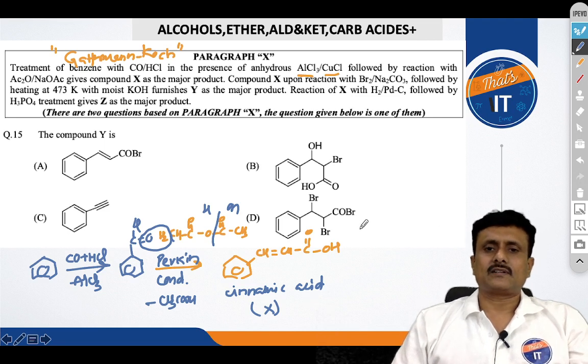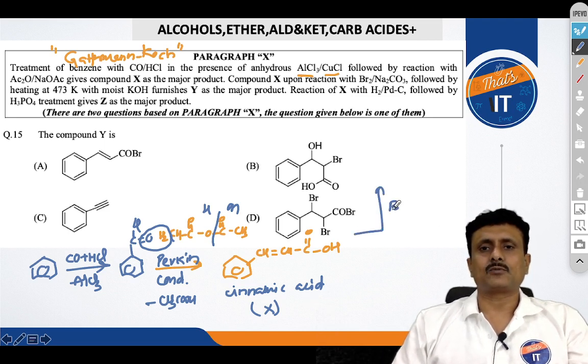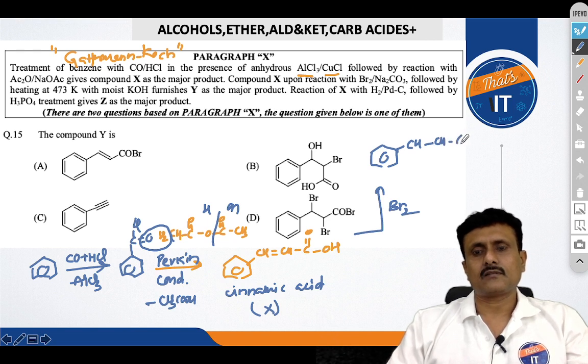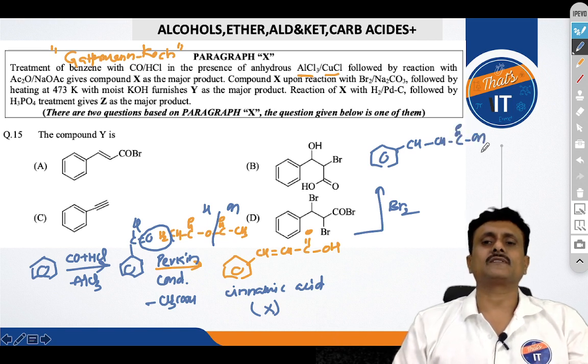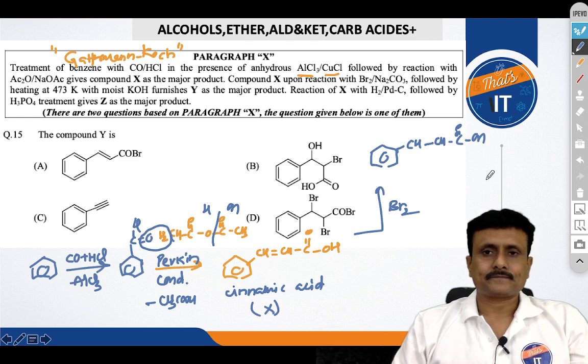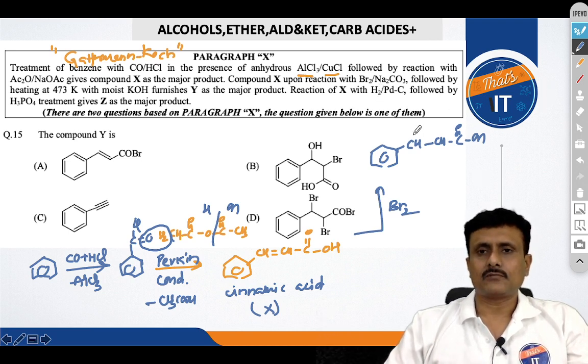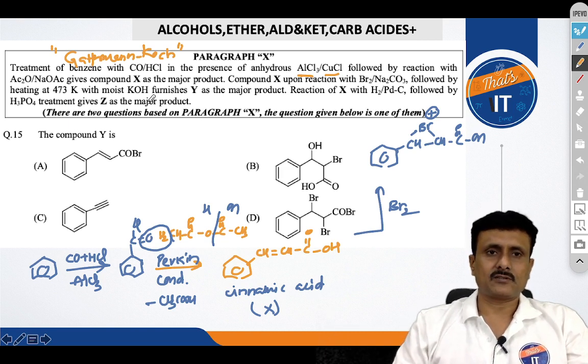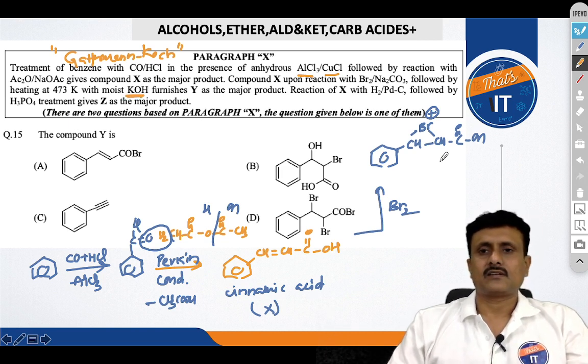Alright, now we can see that this compound X is treated with bromine in presence of protic solvent. So you got the addition of this. Two bromines are being added. When bromine is added, you will be getting, you have studied, isn't it, cyclic bromonium ion. Now we can see you are heating it with KOH.